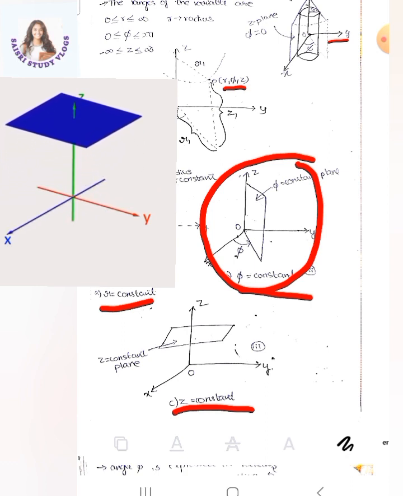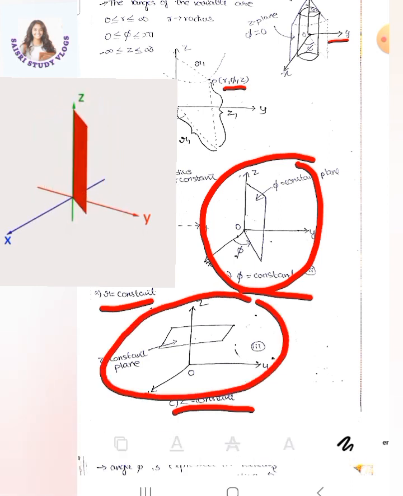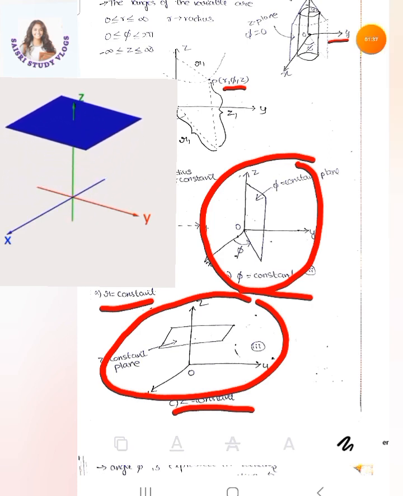And in the third one, the z plane is moving upward and downward. Hope you understand the three points we have discussed, 1, 2, 3. Those three points are represented by these three diagrams and their animations.